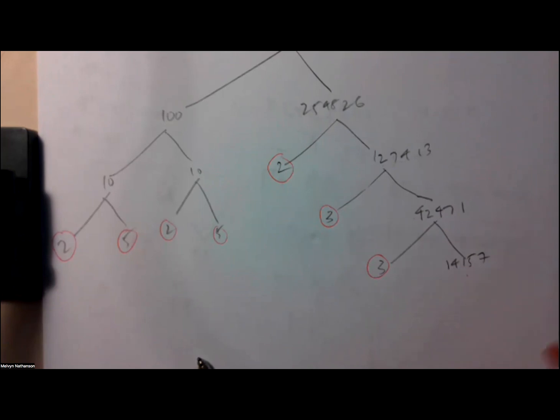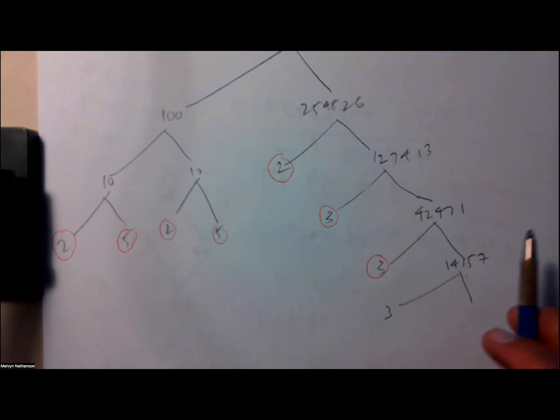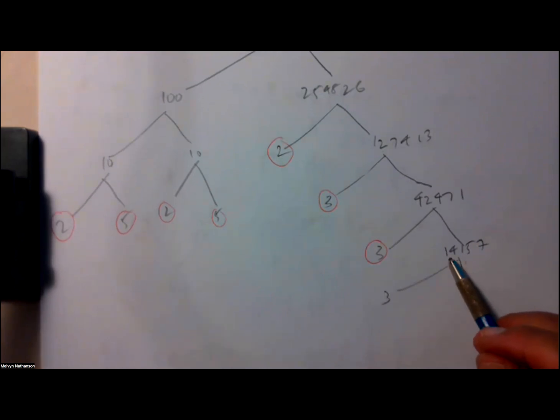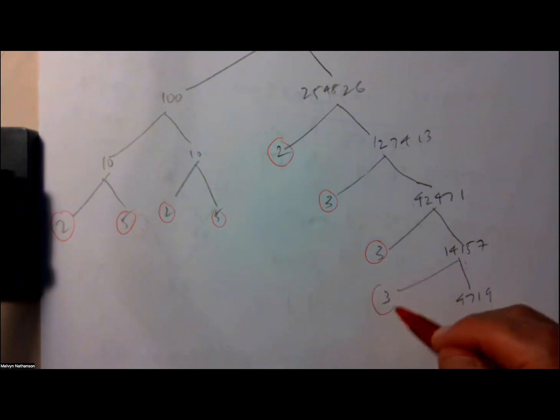What about this? Is this a prime? Maybe it's divisible by 3 again. If I divide this by 3, I get 4, 7, 1, 9. Oh, okay, so that's divisible by 3.